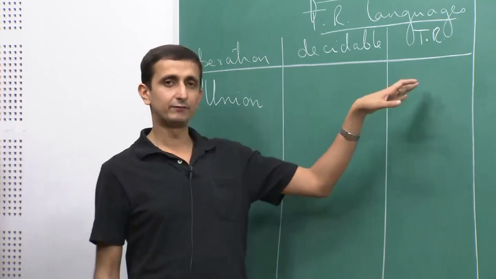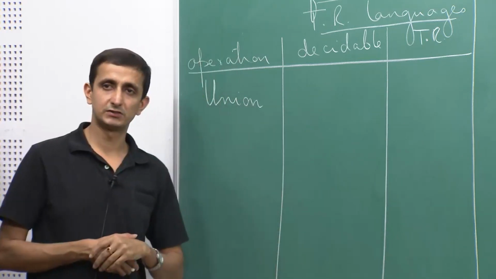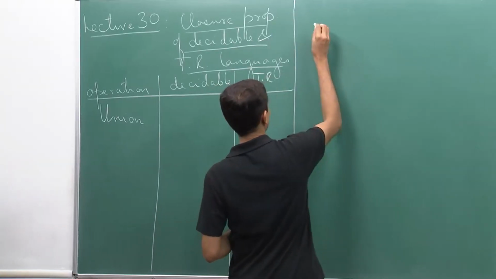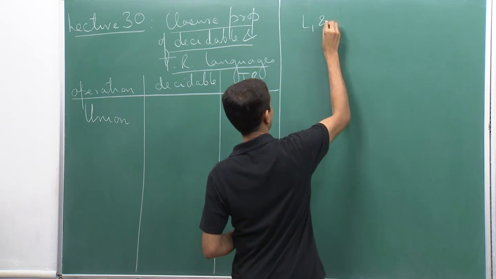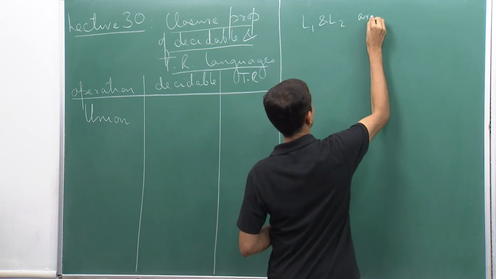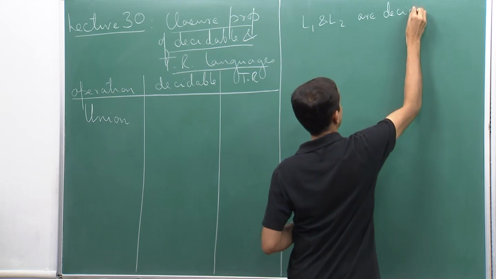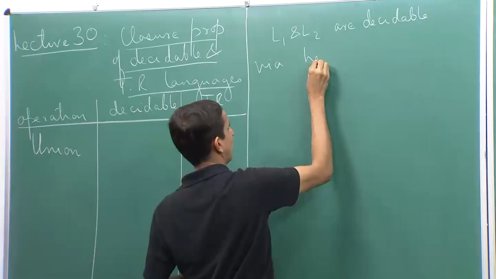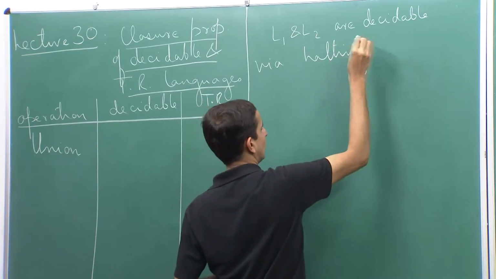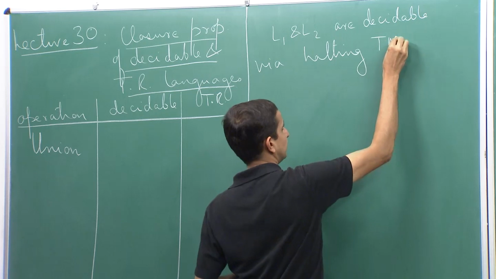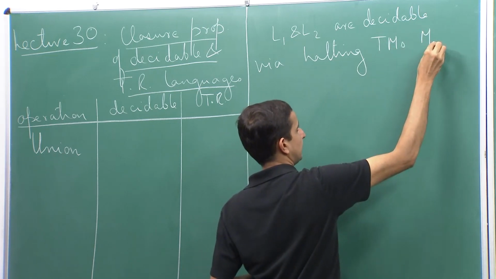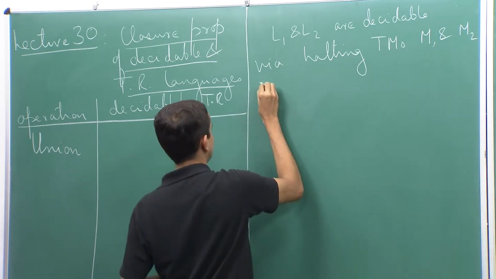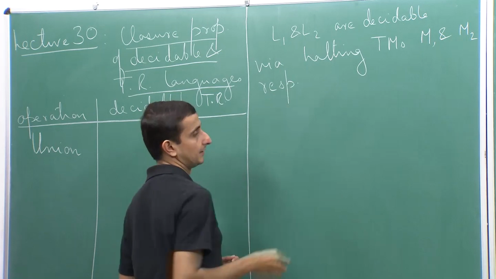Are decidable languages and Turing recognizable languages closed under union? Let us try to see. Let us take two languages L1 and L2 which are decidable via halting Turing machines M1 and M2 respectively.